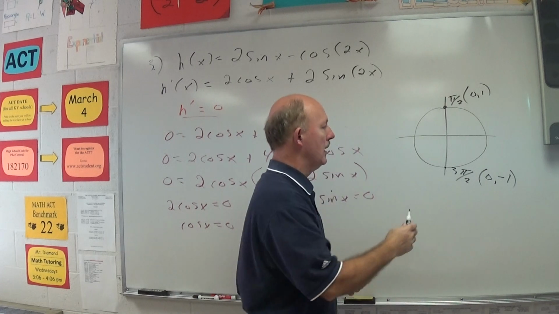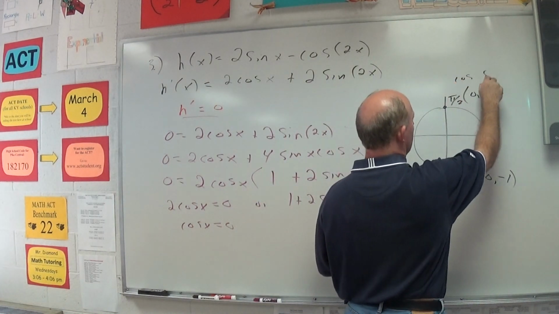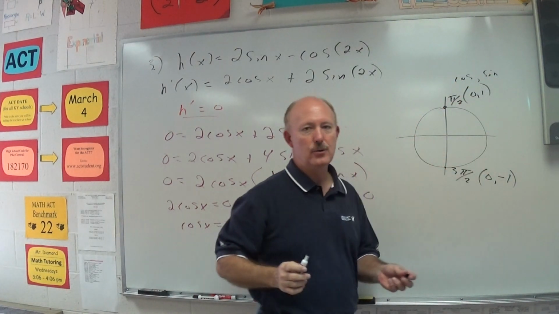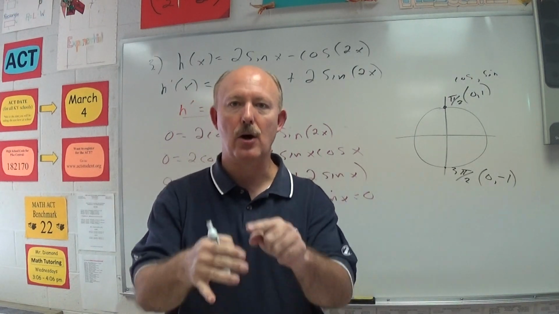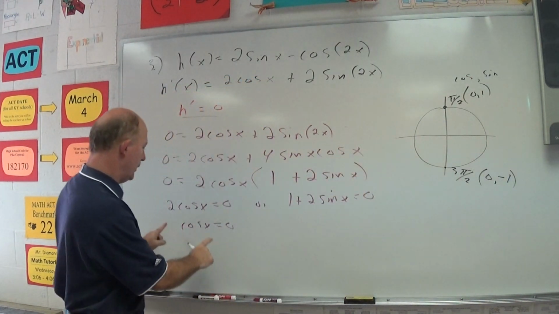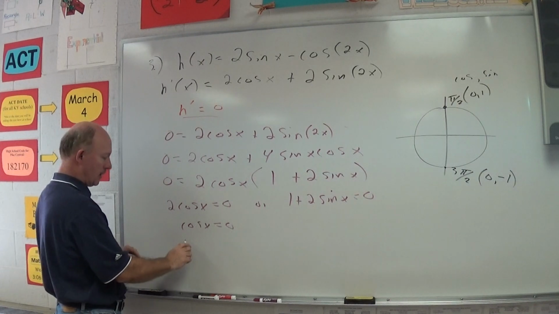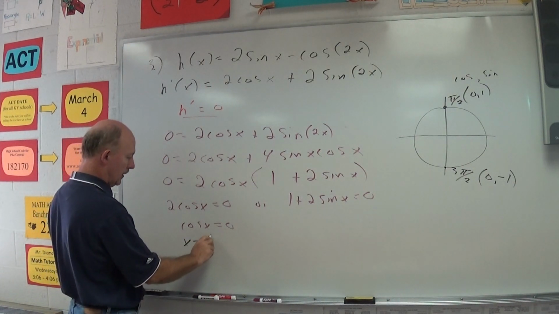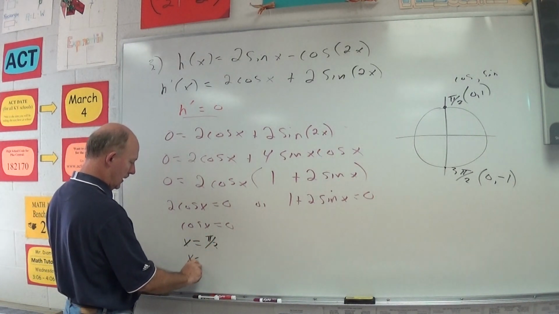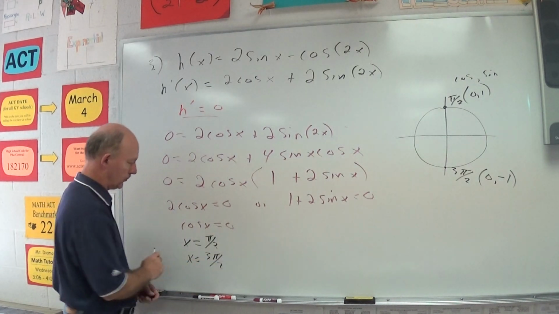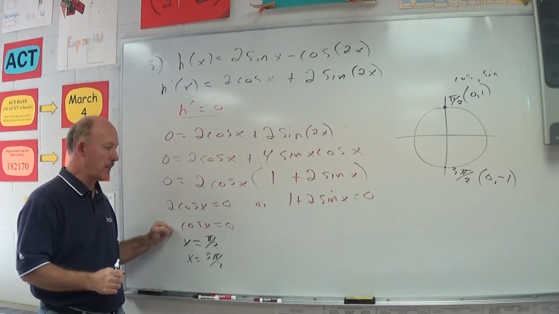So remember, as you get your ordered pair, the x value is cosine and the y value is sine on the unit circle. All right, so x is equal to pi over 2. x is equal to 3 pi over 2. So we've got two critical numbers from our first equation.